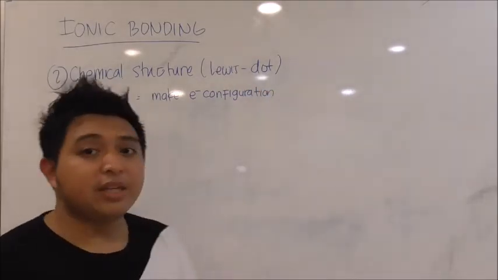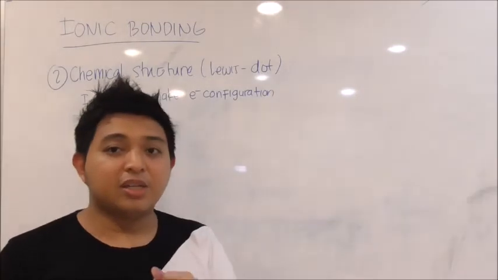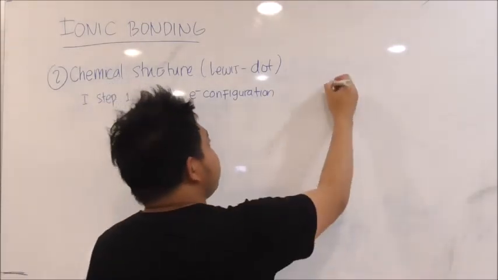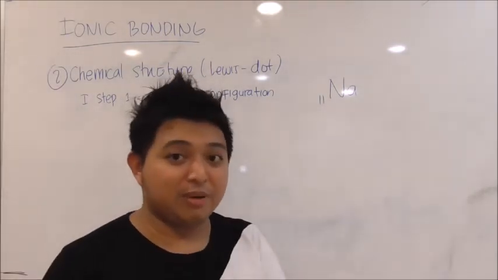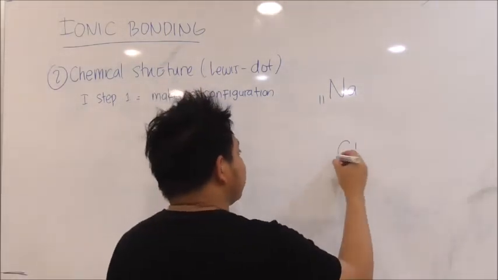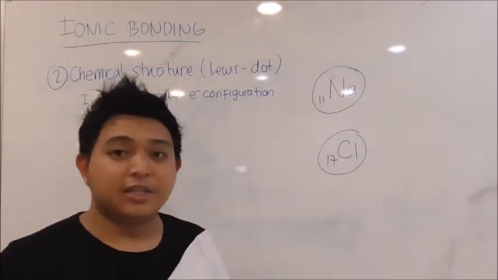Let's say the example is, could you please make the chemical structure between sodium 11, please remember, and chlorine 17. So sodium 11 and chlorine 17.